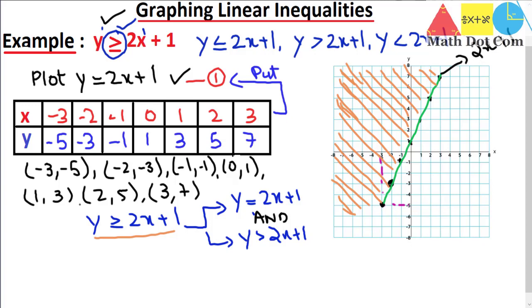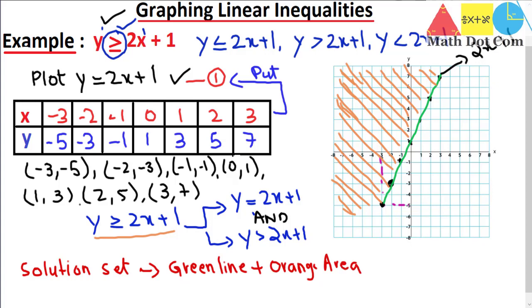But the solution set of this linear inequality, in the easiest way, is the green line plus the orange area above the line, not below the line. So this will be the solution set when graphing the linear inequality.